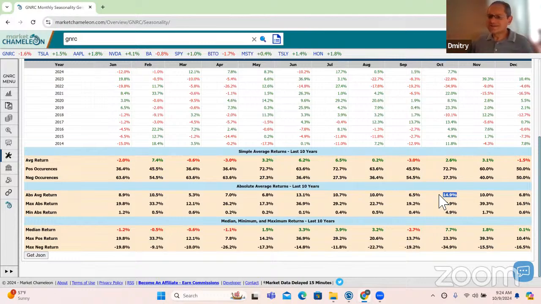That gives you an idea of the volatility risk of this stock. And for sure, looking at this data, the month of October looks like it's the most volatile calendar month historically of all the other months. So that's just looking at this data from this particular table. Those are the insights.